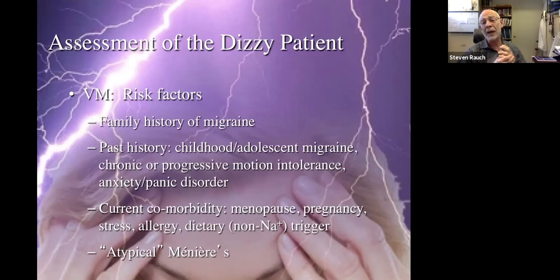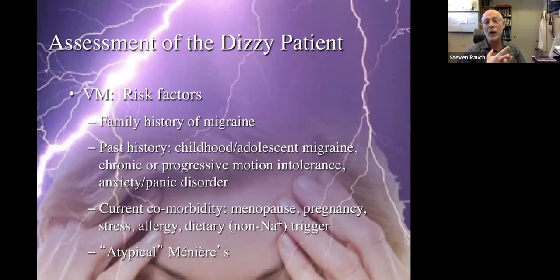We know that migraine is triggered by other internal medical body events and also by environmental triggers. So you want to know if the patient's symptoms of dizziness relate to hormonal variation, puberty, pregnancy, and menopause, monthly menstrual cycle. Are they sensitive to stress? Are they sensitive to seasonal allergy, to dietary triggers?